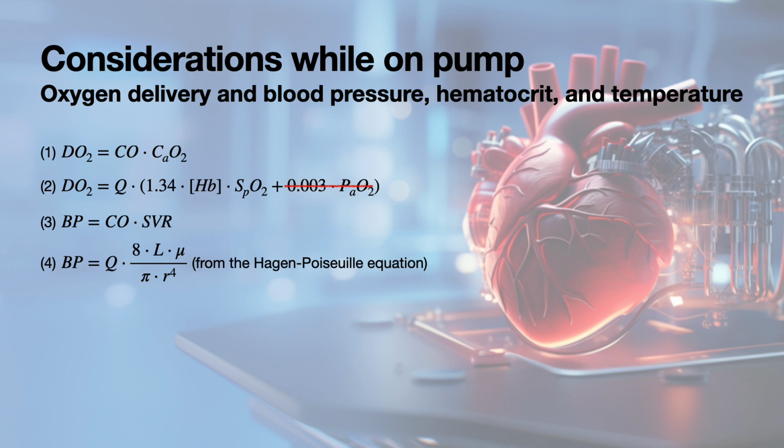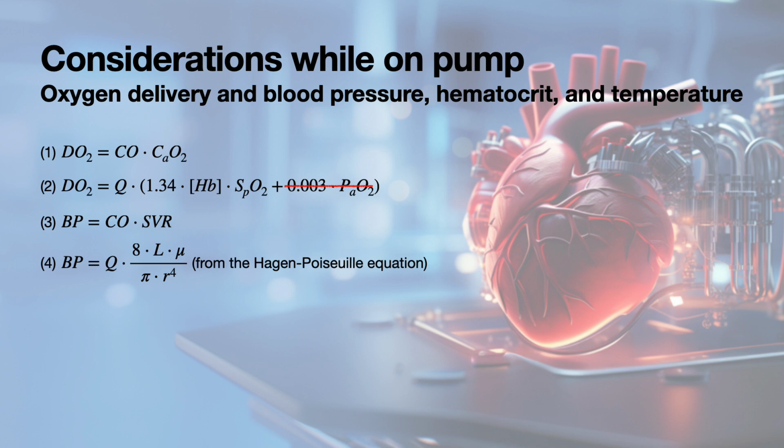Equation 4 shows the determinants of blood pressure during continuous flow. Blood pressure will be the product of pump flow, represented by Q again, and the resistance to that flow, which is given by the Hagen-Poiseuille equation and expanded here.